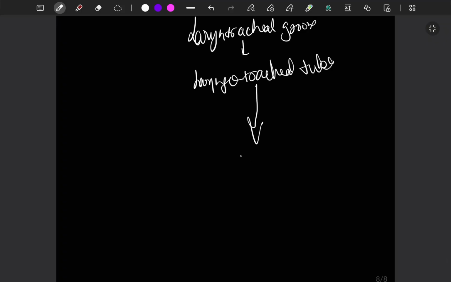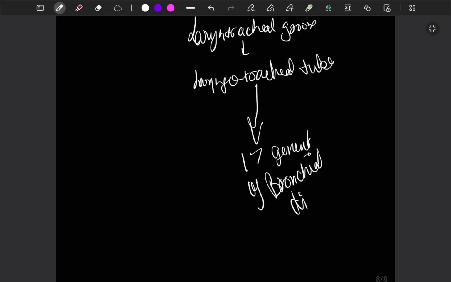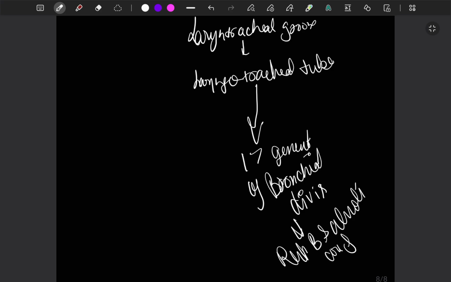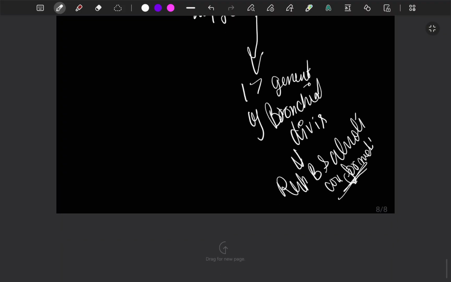And then there are 17 generations of bronchial division, and respiratory bronchus and alveoli are formed. So that's how it is.